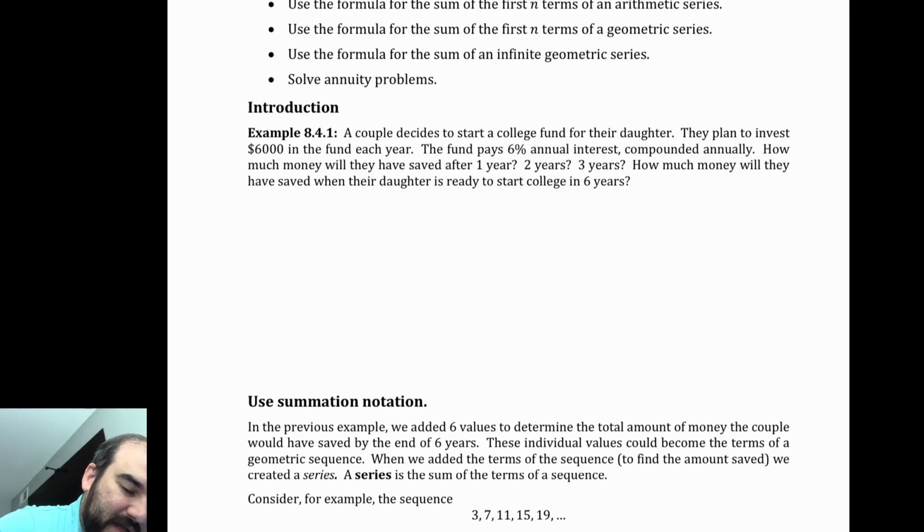How much money will they have saved after 1 year? Well, after 1 year, they will put in 6,000, and the fund pays 6% annual interest. So that gets multiplied by 1 plus 0.06.